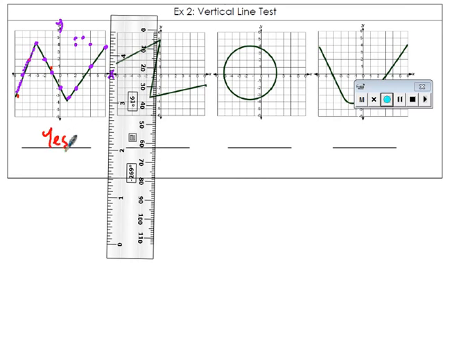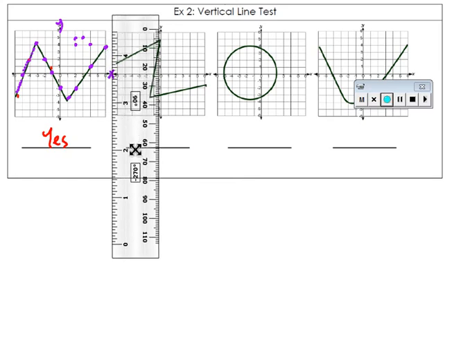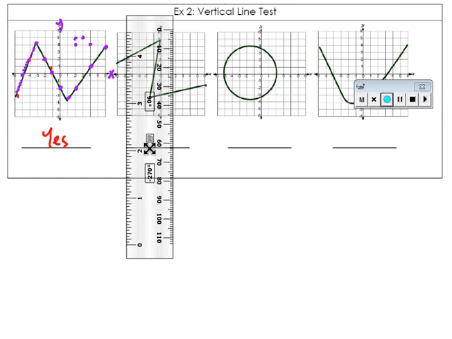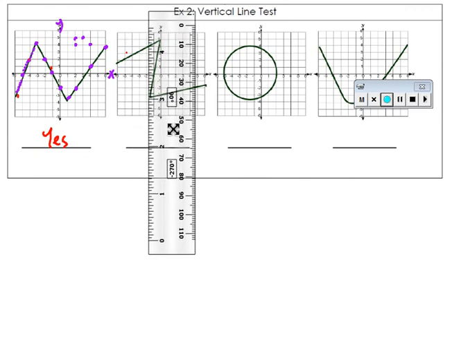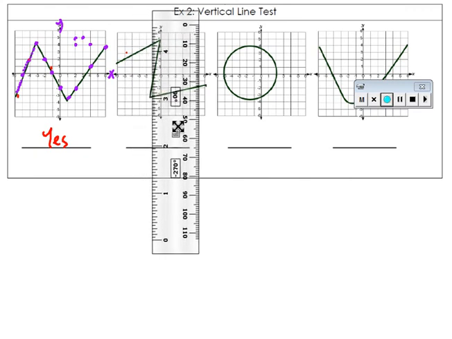When I continue dragging my vertical line, I see that right here it is touching one point. That's good. Continue straight: 1 point, 1 point, 1 point, but at this level right here I have more than 1 point touching, right here and right here and right here.